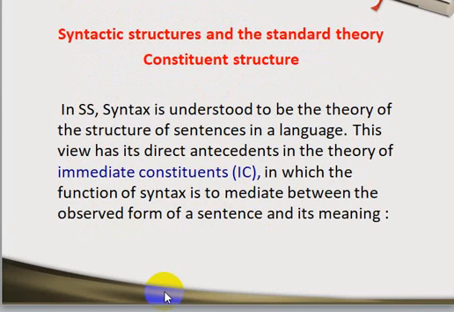Syntactic Structures and the Standard Theory: constituent structure. In Syntactic Structures, syntax is understood to be the theory of the structure of a sentence in a language. This view has its direct antecedent in the theory of immediate constituents, in which the function of syntax is to mediate between the observed form of a sentence and its meaning.